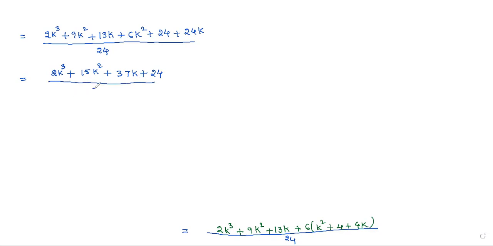So next, using synthetic division method, k cube coefficient is 2, k square coefficient 15, 37, 24, 0.